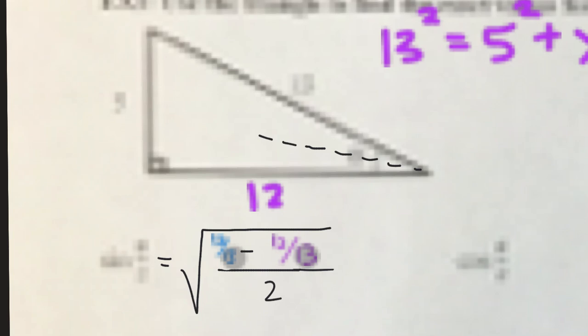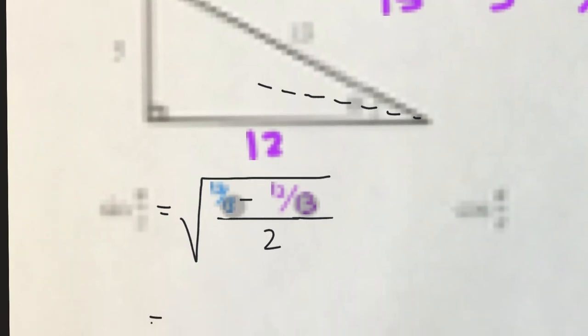Now all of that stuff is done. We've done all of our switcho, presto, changeo stuff. Now we can actually get to simplifying. Leave the square root where it is. 13 over 13 minus 12 over 13 is 1 over 13. And we're dividing that by 2. 1/13 divided by 2.